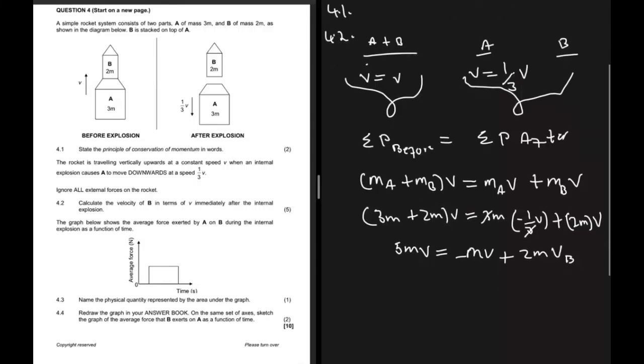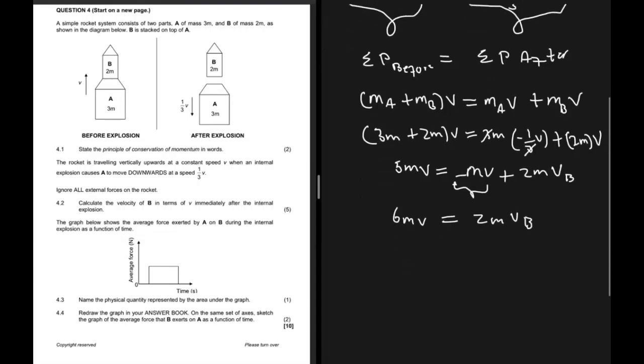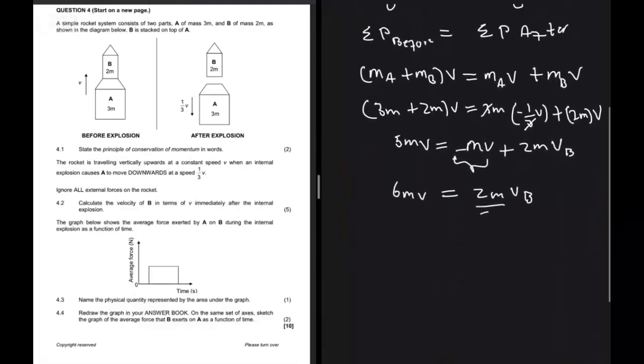Let's denote this as v of b, so that we don't confuse our variable v with the v of b we're trying to determine. The next step is to take this term to the left hand side, so that we can isolate v of b. When it goes to the other side, it changes its sign, obviously. So we're going to have 6mv equals 2m v of b. We divide both sides by 2m, so that we can isolate v of b.